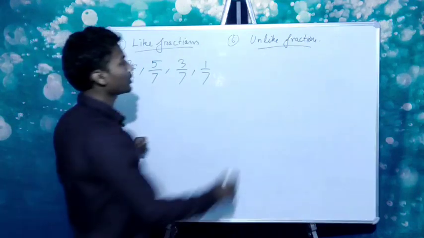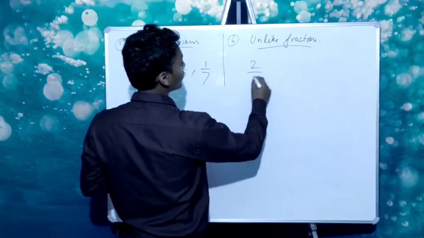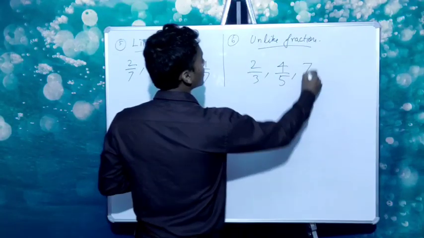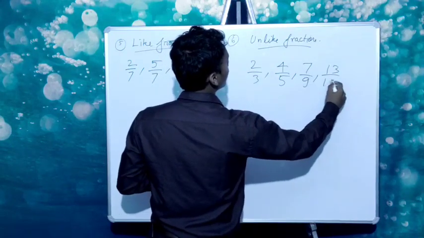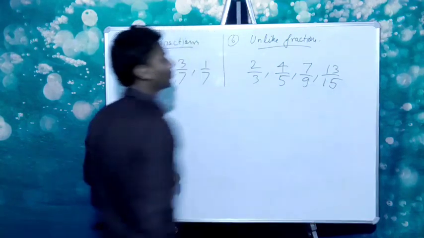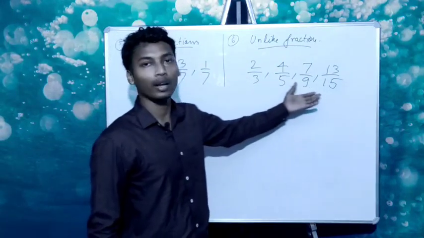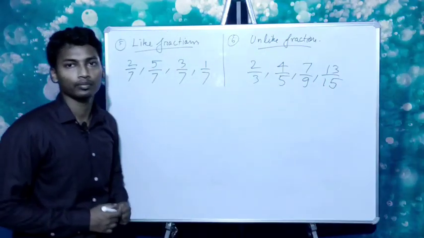Now in unlike fractions, the denominators will be different. So if we have 2 by 3 here, we can have 4 by 5, 7 by 9, 13 by 15. Here you observe that the denominators are not the same, so it means these are unlike fractions.